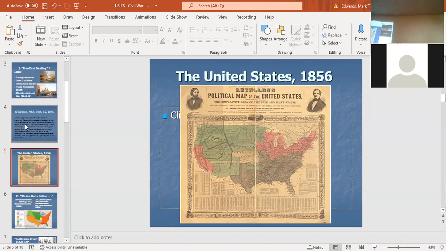Why don't Northerners want slavery to expand to the West? Is it because Northerners were anti-slavery, because Northerners were anti-racist? Hopefully from last week's lecture, you know the answer to that already. Northerners did not want slavery in their particular states.